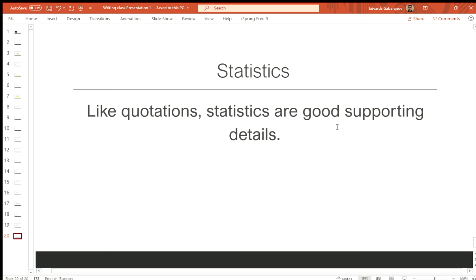Is the source trustworthy? On the scale of credibility for a source, I guess Wikipedia is somewhere very, very low. I wouldn't recommend anybody believing a statistic from Wikipedia, but check your sources. It is very important.